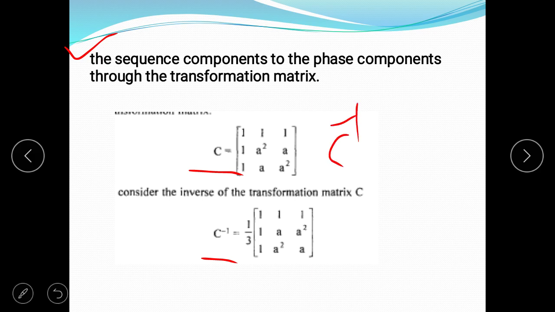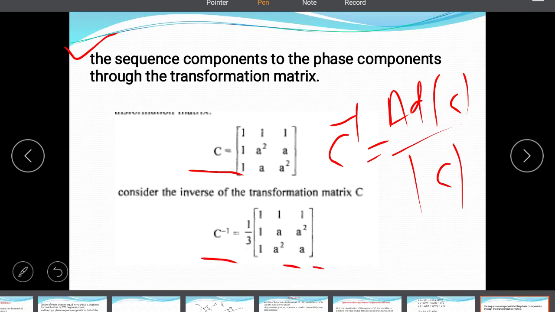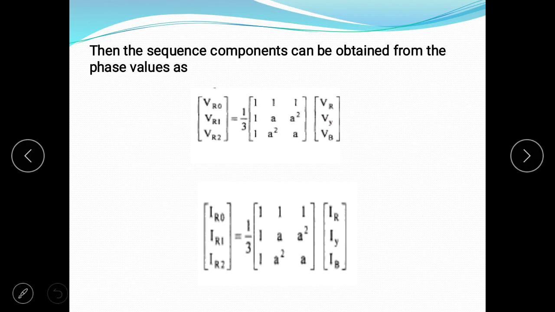We know that C inverse is equal to adjoint of C divided by determinant of C. Then we obtain C inverse is equal to 1/3 matrix 1 1 1, 1 a a square, 1 a square a. Now we apply it: the sequence component matrix is VR0, VR1, VR2, the matrix inverse C inverse is 1/3 1 1 1, 1 a a square, 1 a square a, and the phase component matrix is VR, VY and VB.